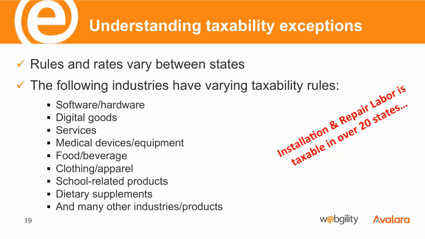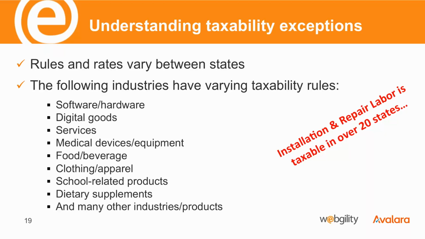But hairdressing, spa services, lawn care and maintenance, things like that often can be taxed. And food and beverage and clothing apparel often have a lot of different rules around them. So if you are selling any of these types of products, you're going to really have to stay on top of the different rules around how the products are taxed.